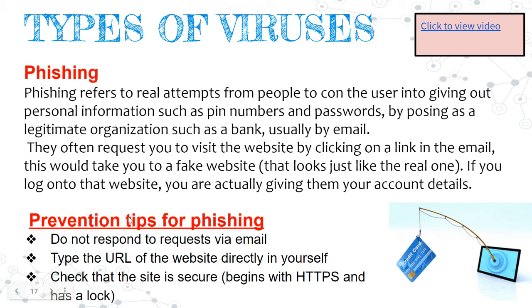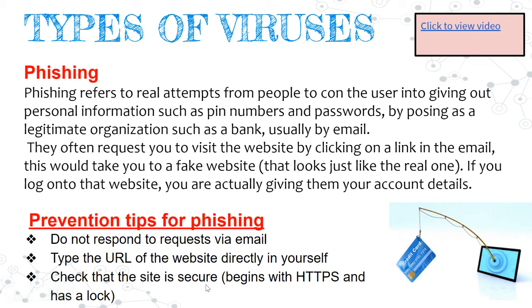If you log onto that website, you're actually giving them your account details, which is why you want to be careful. So, never gain access to your banking account by clicking on a link. Always open up an incognito window and type in your bank address from scratch. Do not respond to requests via email. Type the URL, the uniform resource locator, the address of the website, yourself.